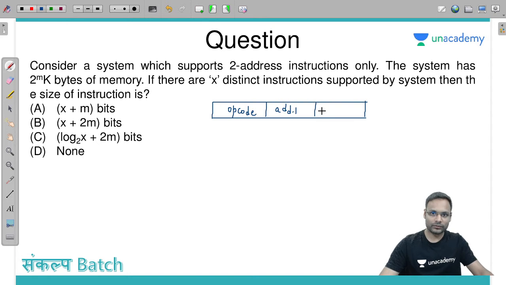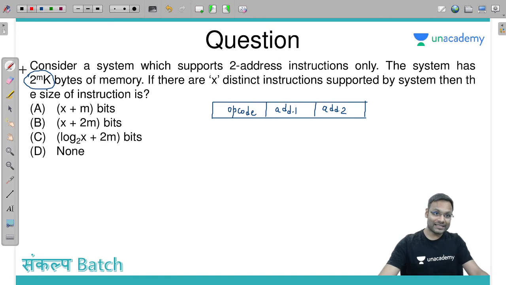Address 1, address 2. The system has 2 power m kilobyte memory, and if there are x distinct instructions supported by the system, then the size of instruction is how much?